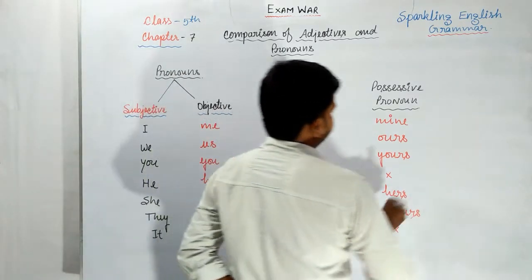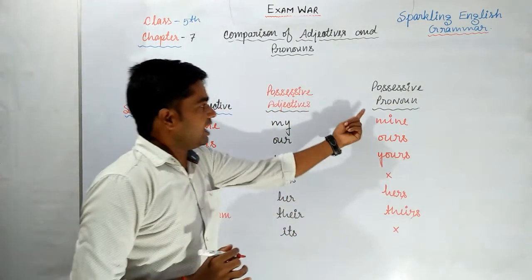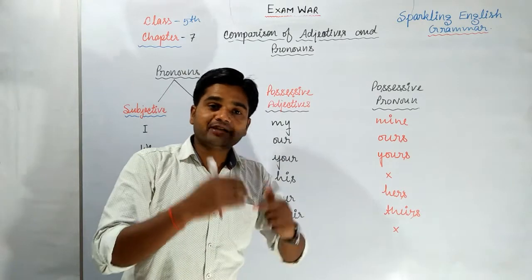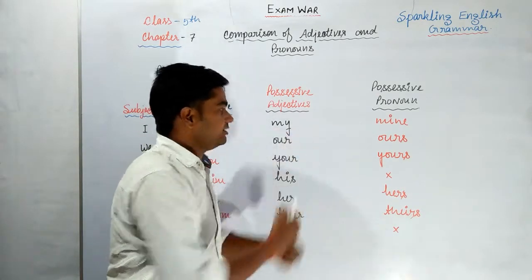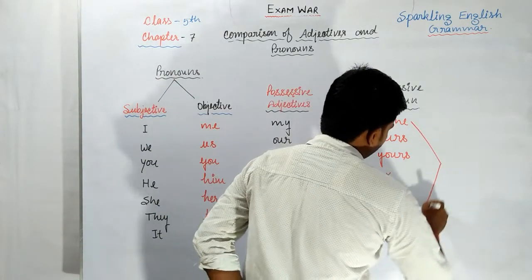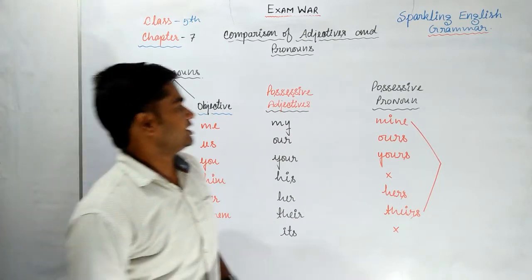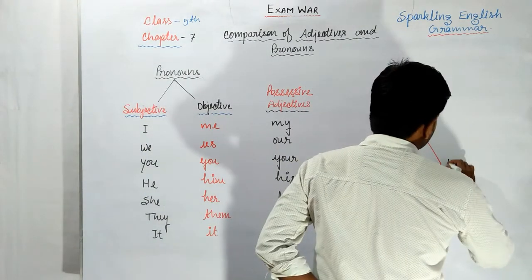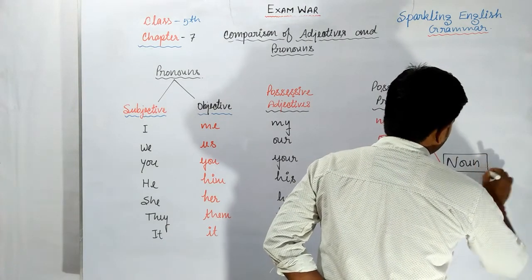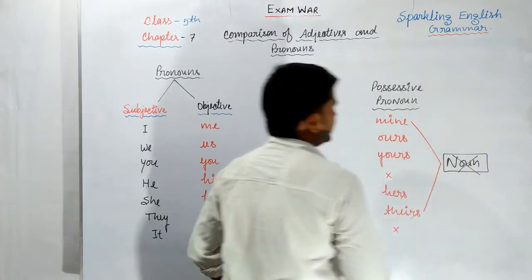First of all, dear students, these are possessive pronouns and they are used to show some possession. They avoid the repetition of a noun. So my dear students, when we use any possessive pronoun, then in that sentence just after this possessive pronoun we don't have to use any noun.